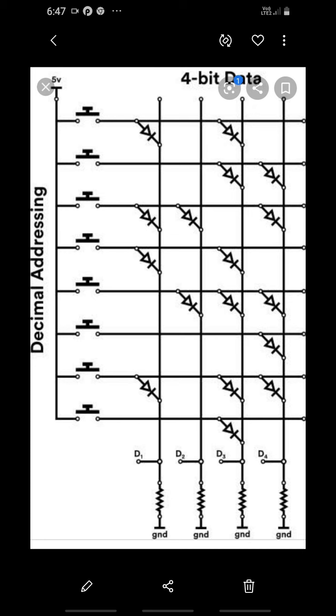And next take the fifth switch, whenever the switch is shifted to the next position. Here D1 is not connected, D2 is not connected, D3 also not connected, only D4 is connected. So R5 is equal to 0 0 0 1.